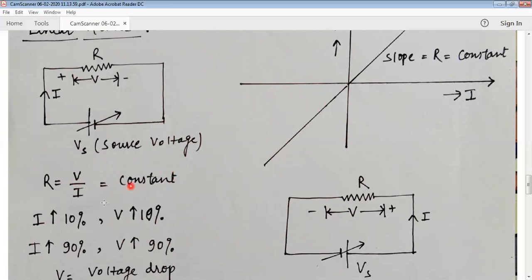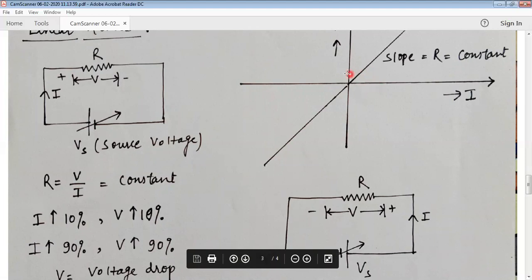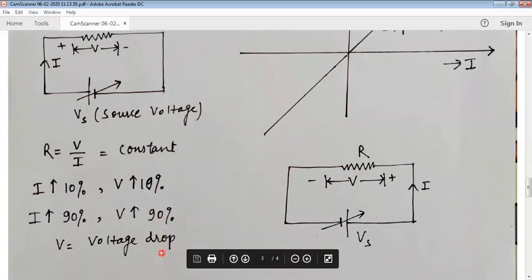Clear? When you increase the current by 10%, the voltage drop also increases by 10%. When the current increases to 90%, the voltage drop also increases to 90%. This means that your R is always constant.